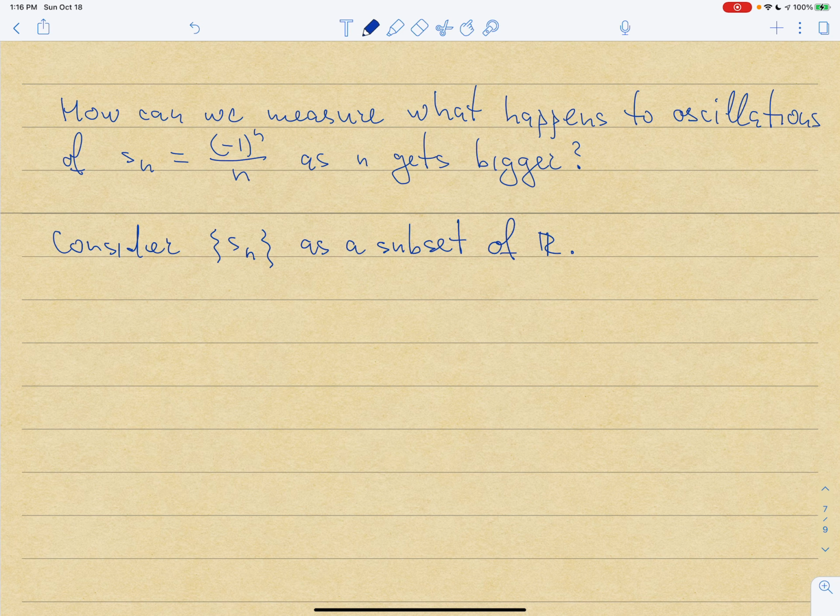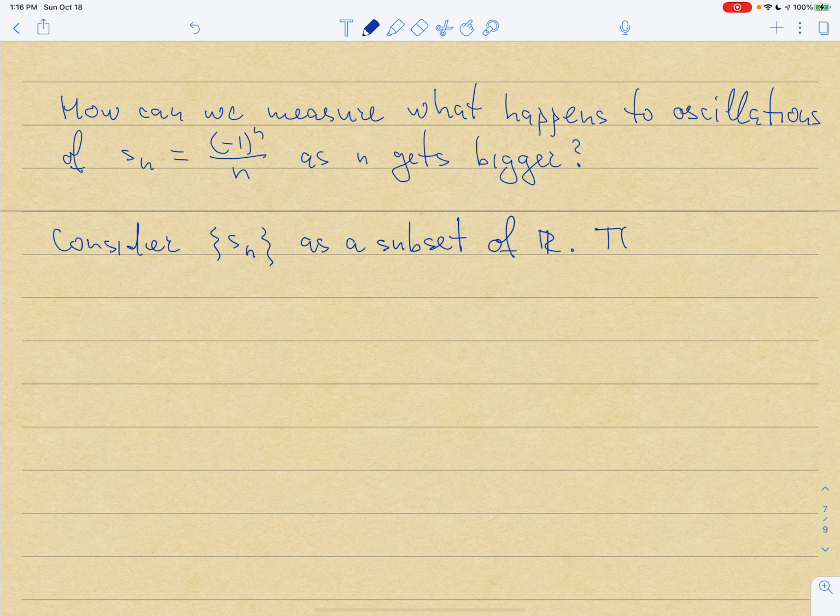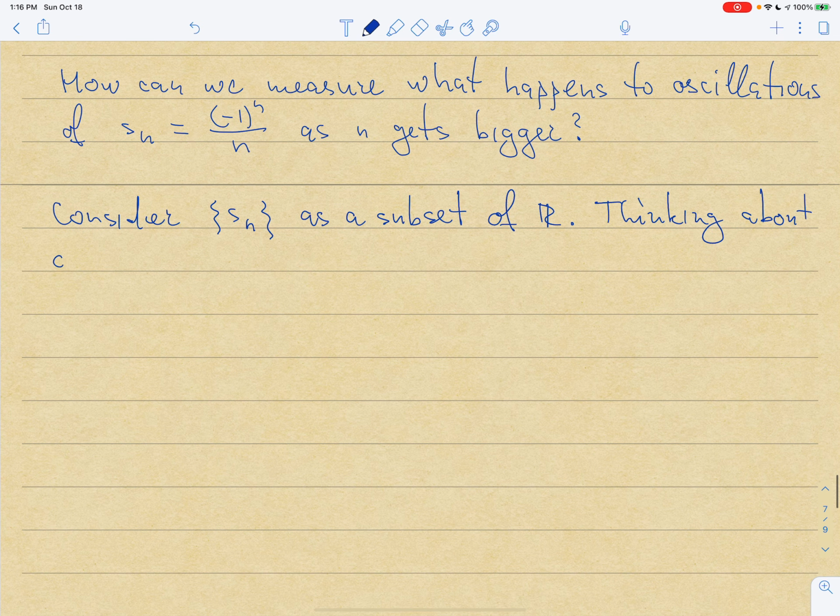So thinking about oscillation still, we can take the supremum of Sn and the infimum of Sn.